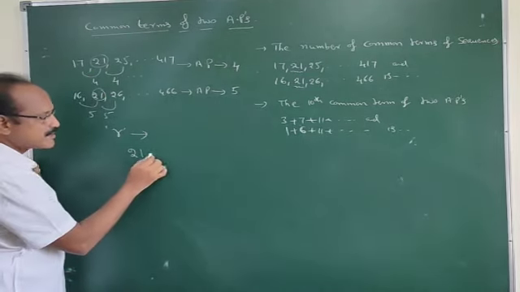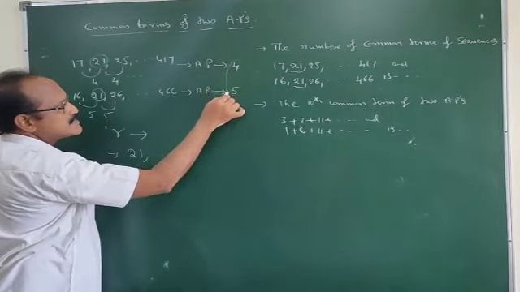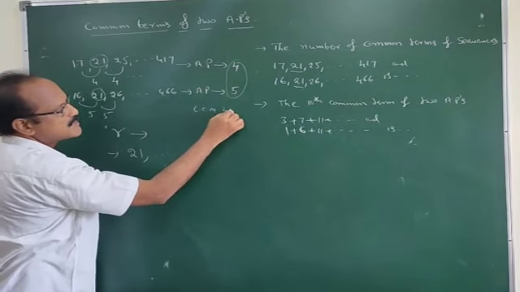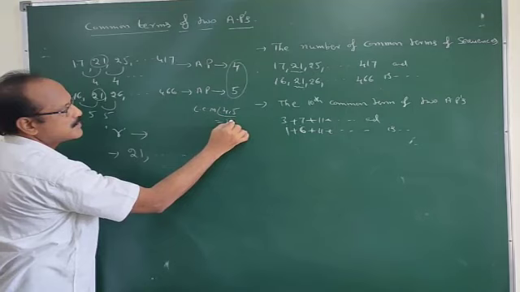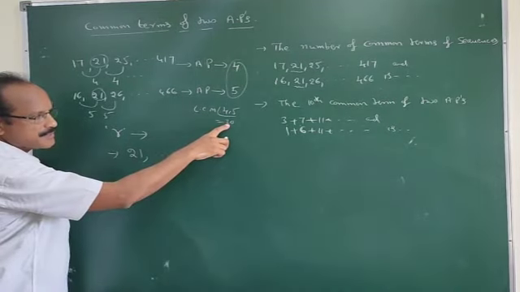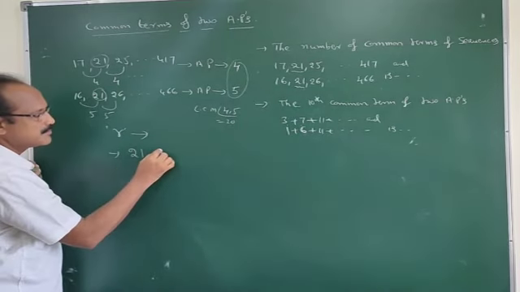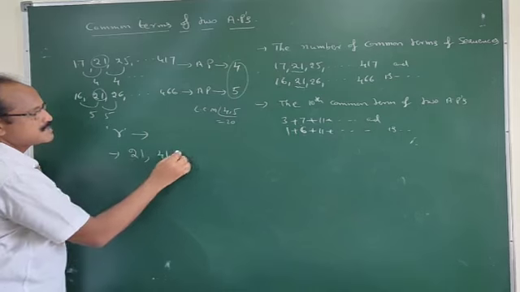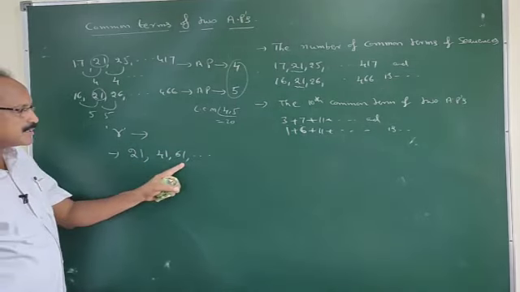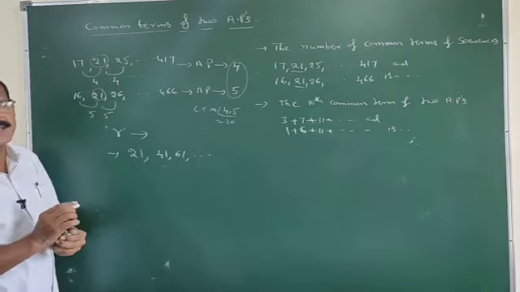And the common difference of this new series of common terms will be the LCM of the common differences of the two APs. LCM of 4 and 5 is 20. So by maintaining the common difference 20, I am writing the series: 21, 41, 61, etc. These are the common terms of these two APs.